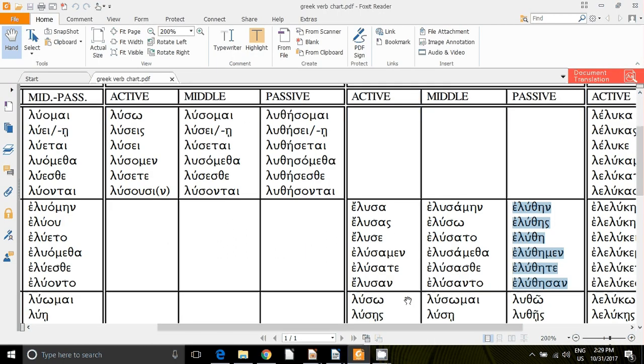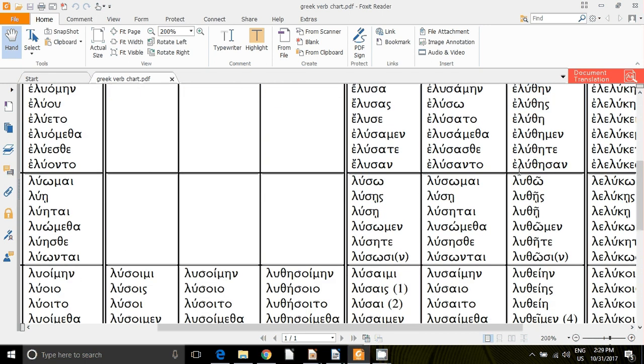So if we come here to the verb chart and we drop down to the subjunctive, aorist subjunctive passive, we see it has this irregular accent. Luthe, luthes, luthe, luthomen, luthete, luthosin. So note that, it makes it easy to spot.